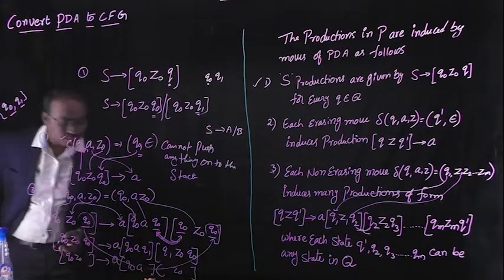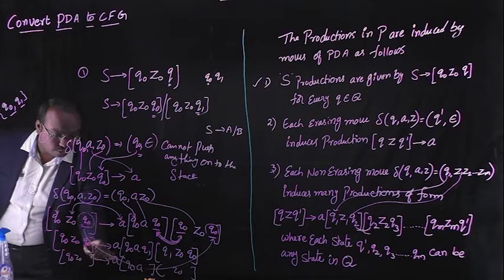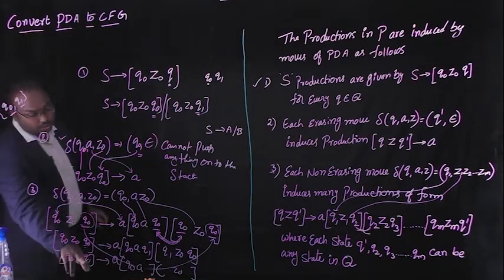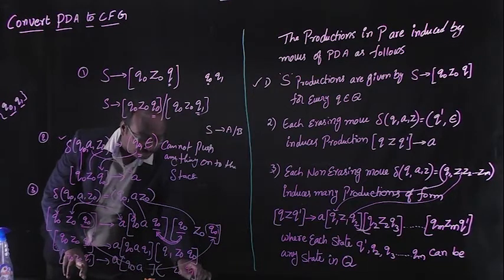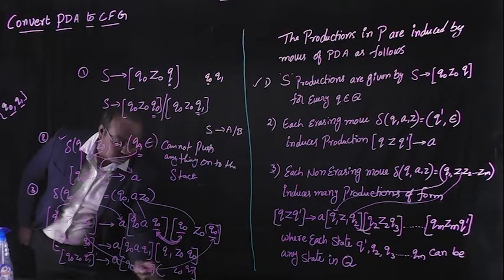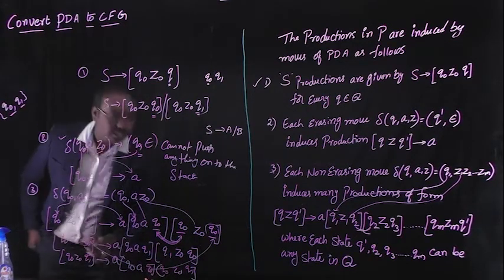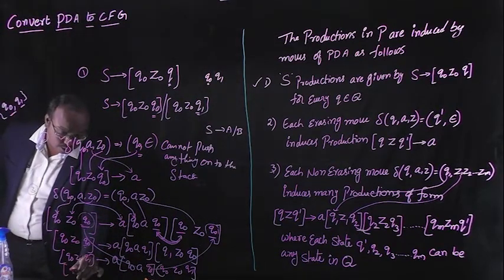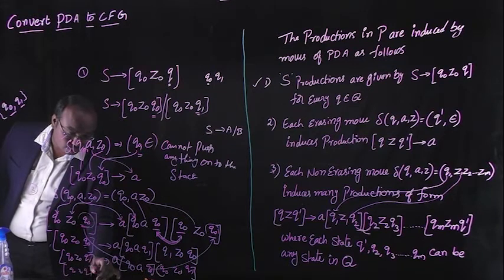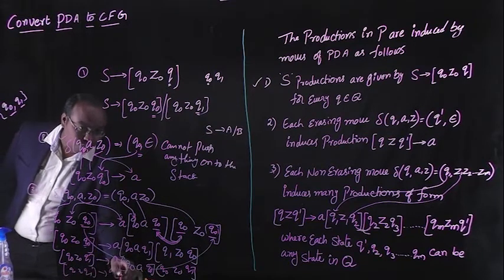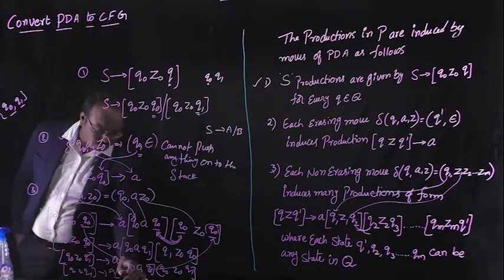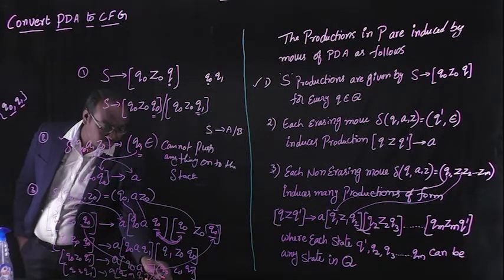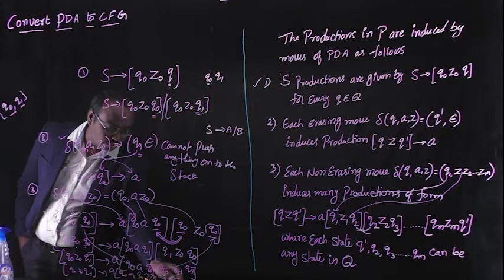So what are the possibilities here? The q naught productions are over, then I am writing the q1 productions. So q1 and the last one also q1, and the adjacent functions. For example, first I am writing q naught and then next q naught. After that, one more production rule, that is q naught Z naught q1 tends to A into q naught A q1, and q1 productions, q1 into Z naught q1.